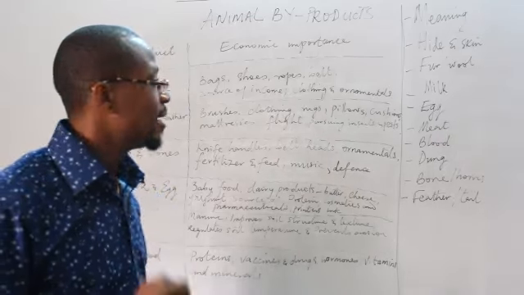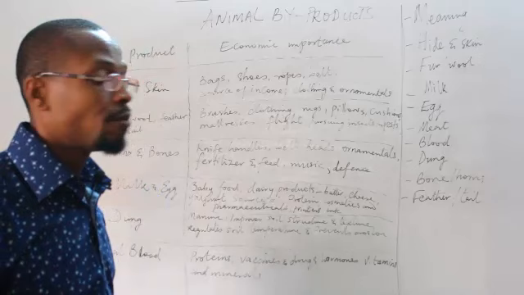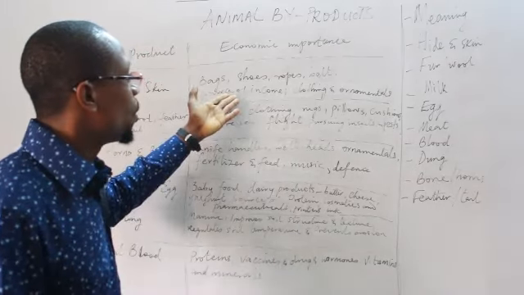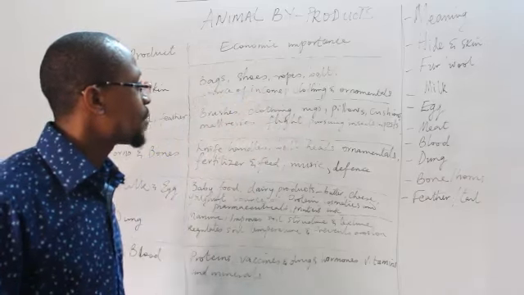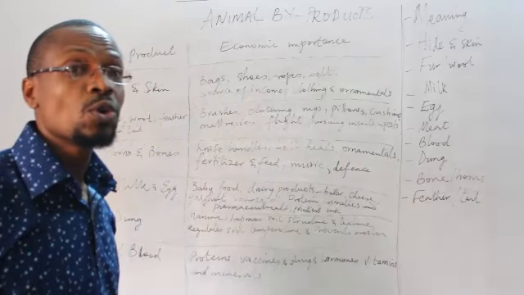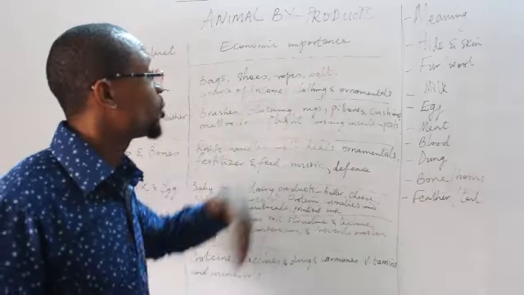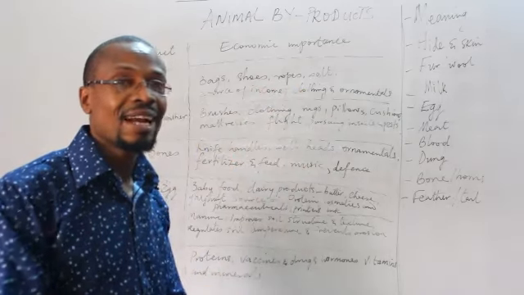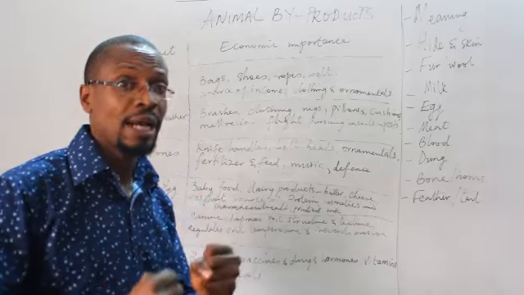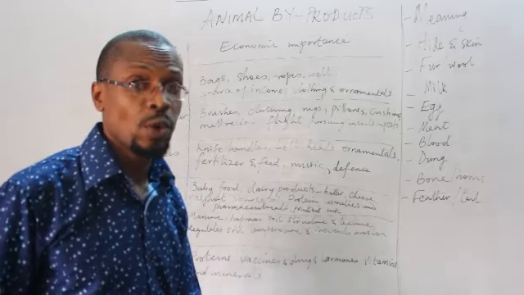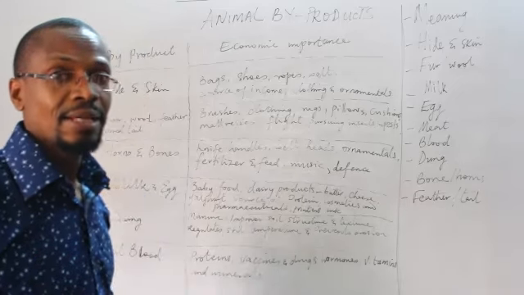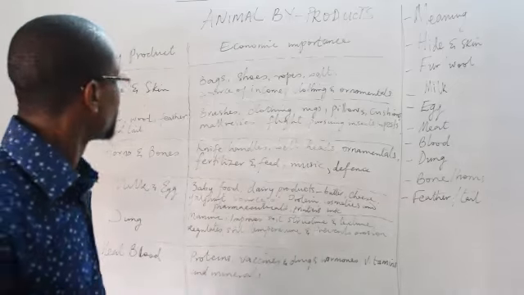Hides and skin is very, very good for the production of leather. So we see also it can serve as a source of income, and it can also serve for the production of clothings and ornamentals. Clothings like jackets. You have some very tough jackets that those cowboys wear, okay. They are made from the hides and skins of animals.